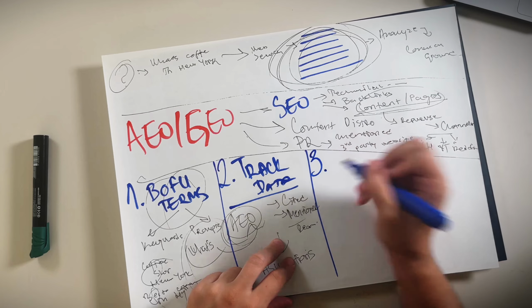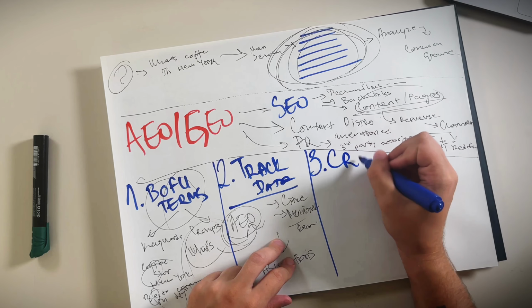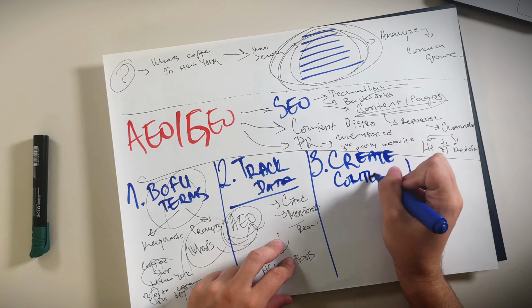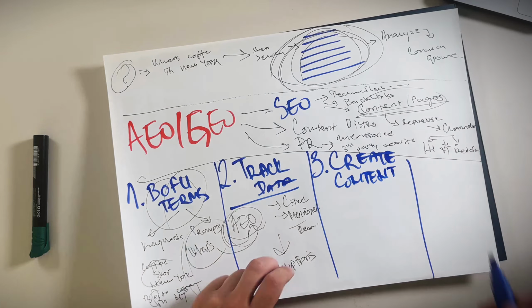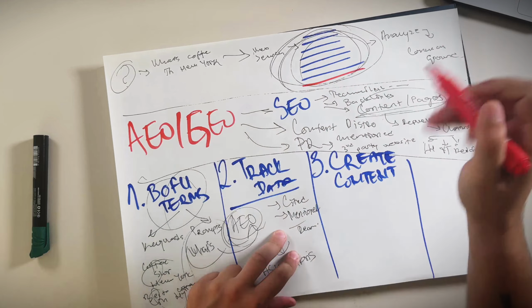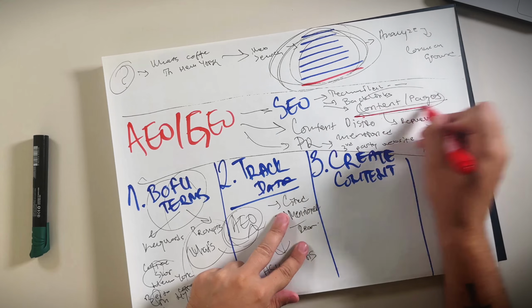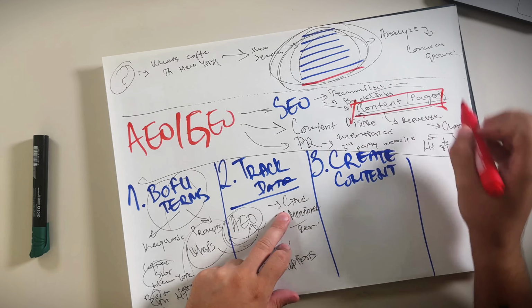So the first thing that you need to do is you need to create content, right? So you need your own content in your own page to be among the 10, 15, 20 most cited sources for that prompt. So that means that you need to create content that's better than all the other articles, or pages, that are currently being cited by AI.